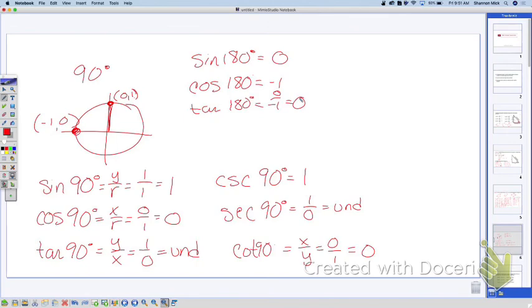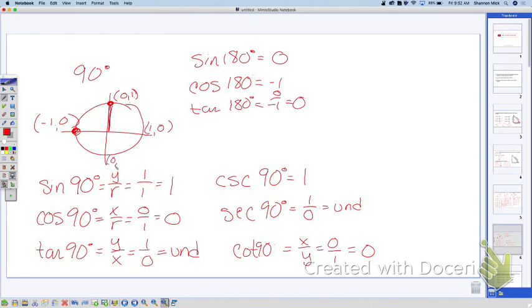Sadie, did your question get answered? Kind of. If we're doing what we just did with the triangle thing and I asked for 90, we're going to do it this way? Yes, for 90 there's no triangle, because I can't make a triangle out of a vertical line. So you need to remember 1, 0, 0, 1, negative 1, 0, and 0, negative 1.